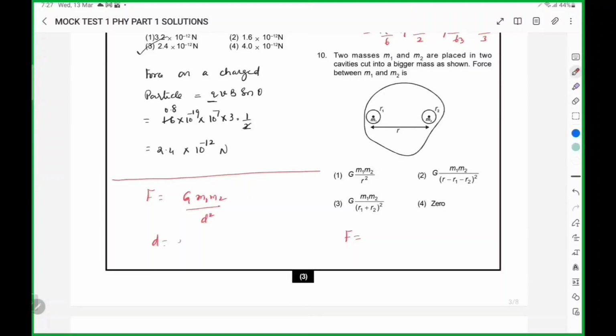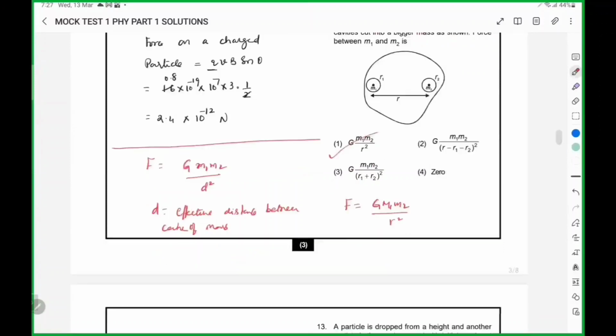D is the effective distance between the centers of masses. The given effective distance is R. So G M1 M2 by R square.